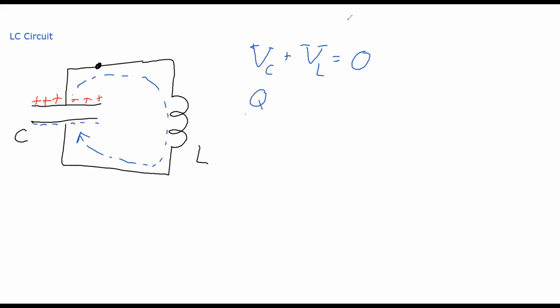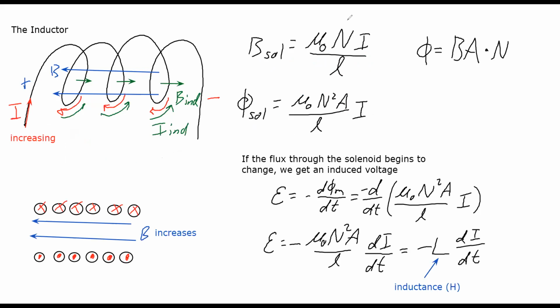VC is Q over C, right? VL says negative L di over dt. This is the equation we got for the voltage across the inductor from two slides ago. Okay, so that's the voltage across my inductor.